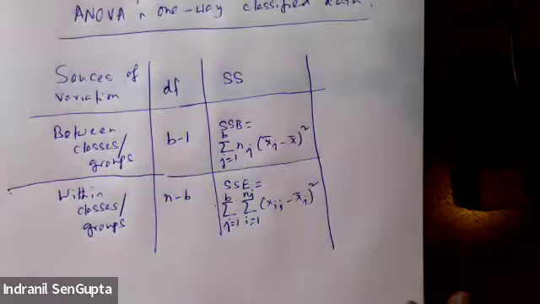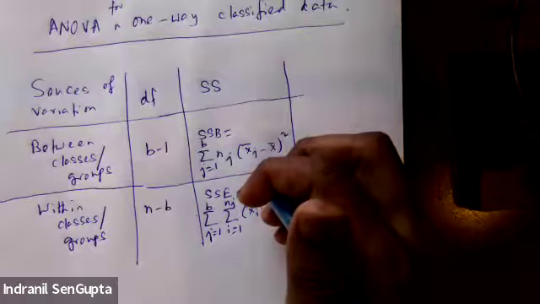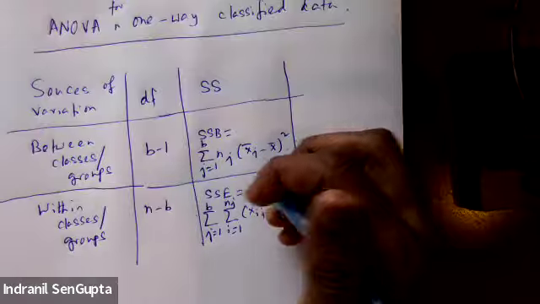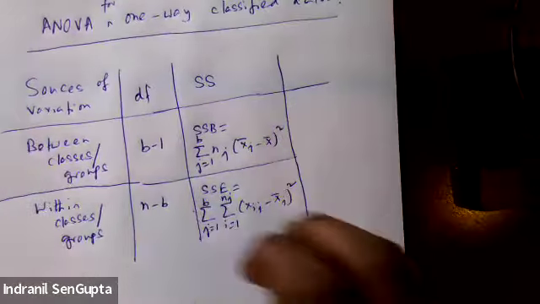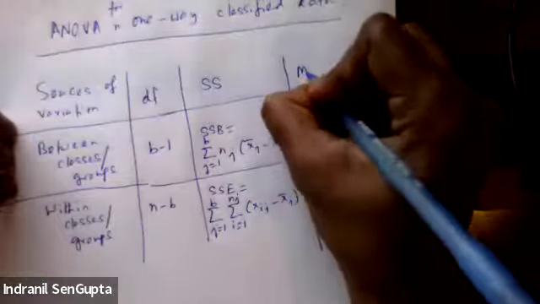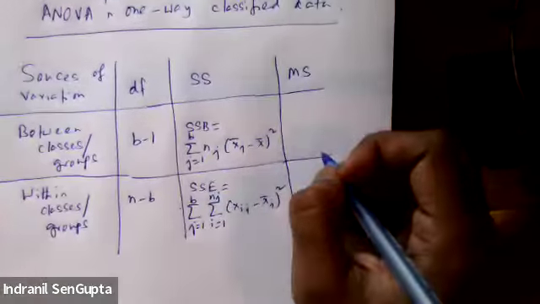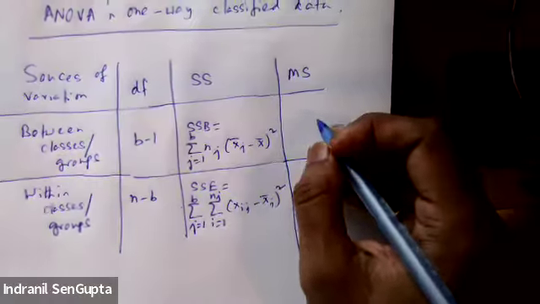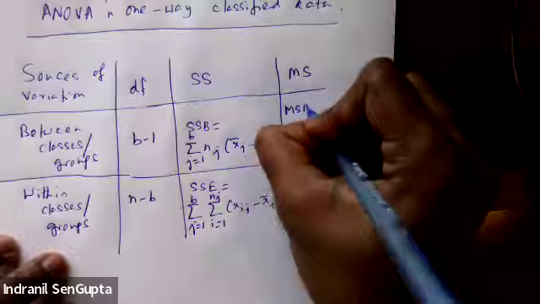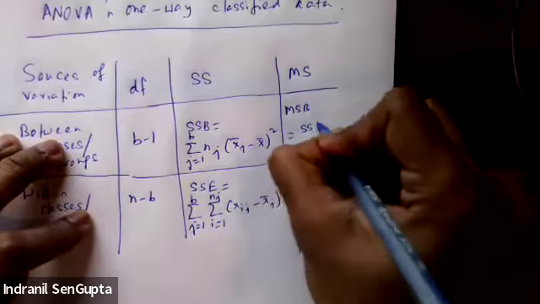Okay, and then based on this sum of errors, we can say the mean square error. So we can sometimes write this as MS. So this is mean square error between the groups. This is the quantity MSB, which is SSB.